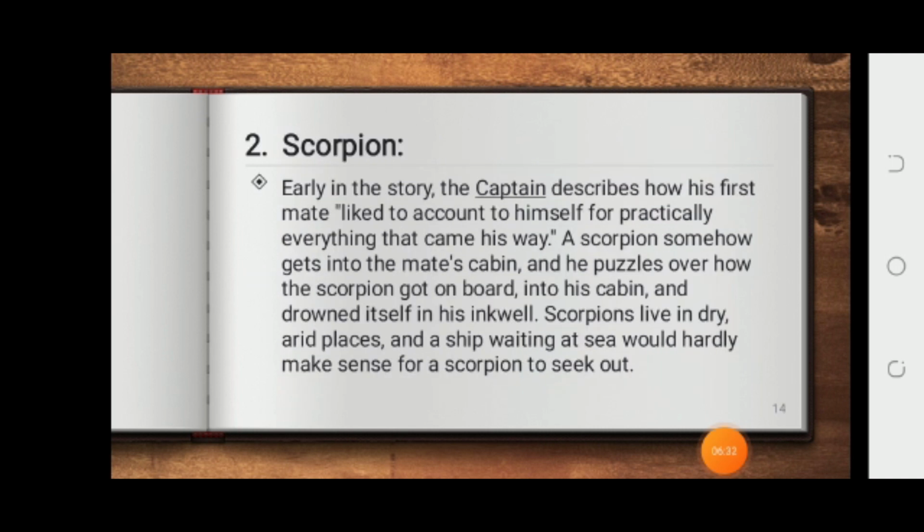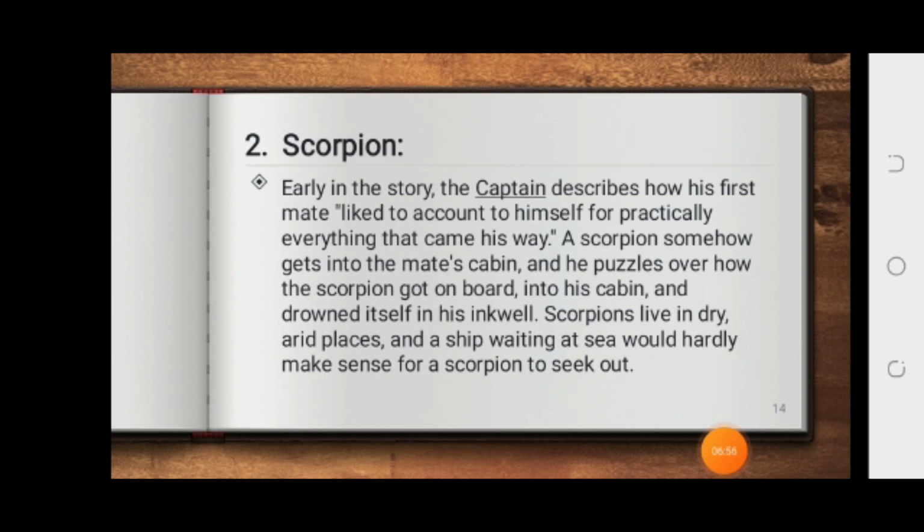So a second symbol which is used in this story is the scorpion. Early in the story, the captain describes how his first mate liked to account to himself for practically everything that came his way. A scorpion somehow gets into the mate's cabin, and then he starts to puzzle over how the scorpion got on board.